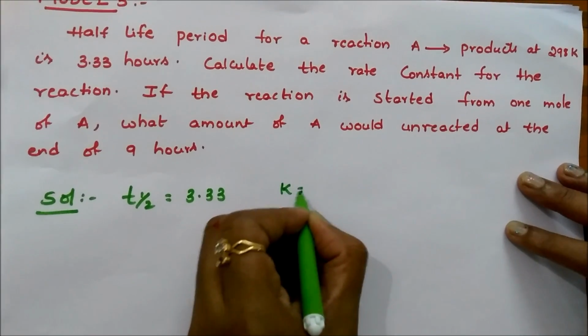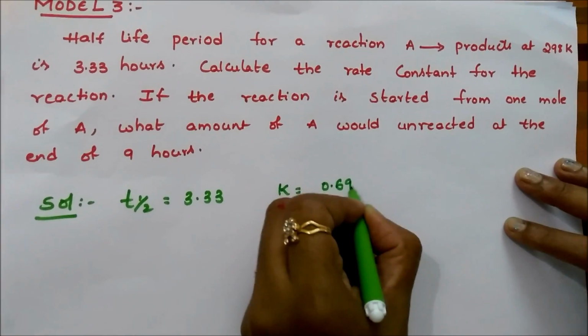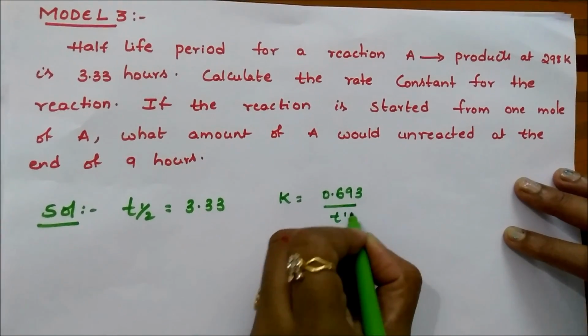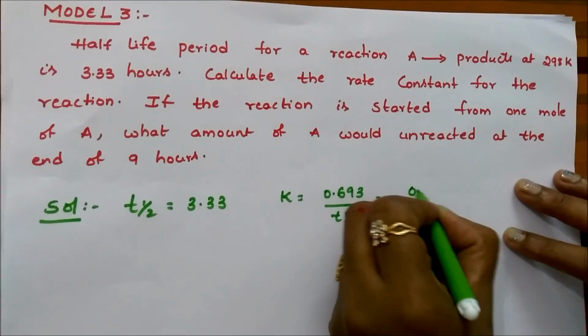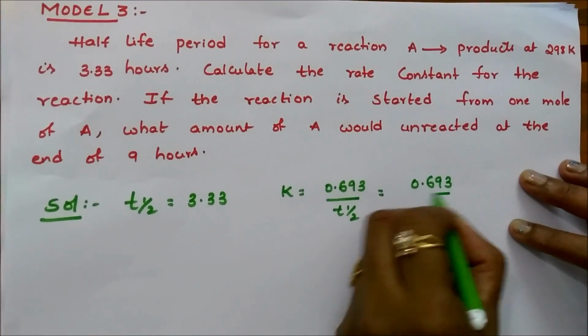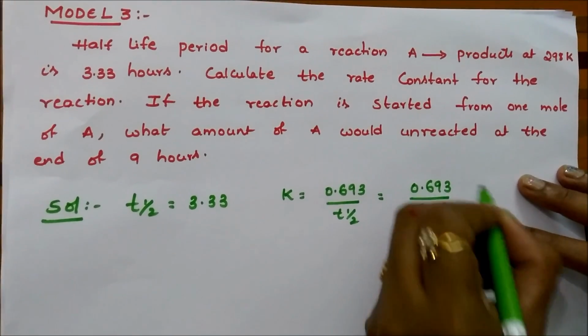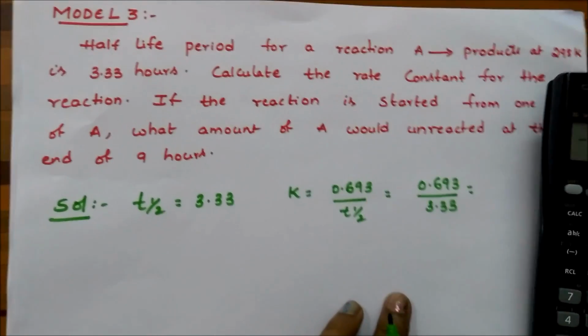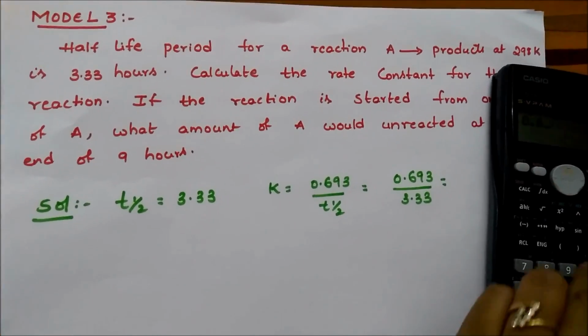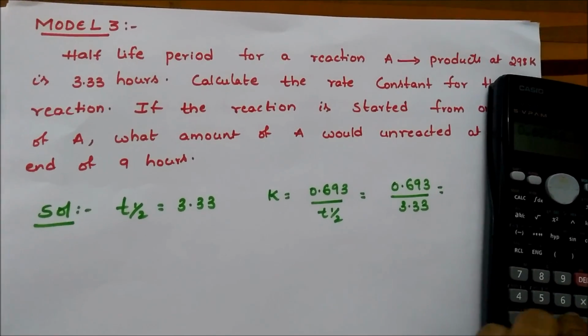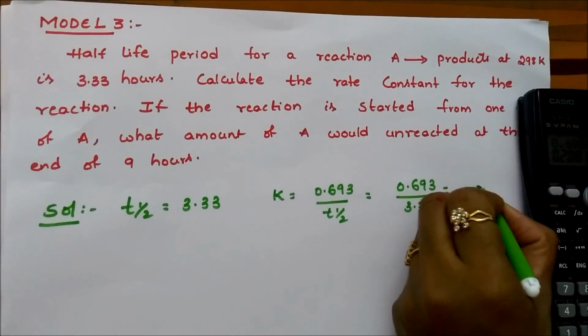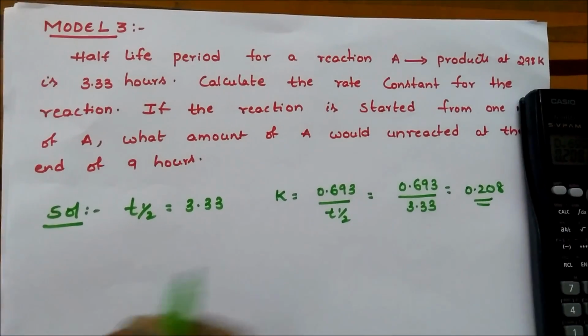We know that K is equal to 0.693 by T half. Substitute it. We get K as 0.693 by 3.33, which is 0.208.